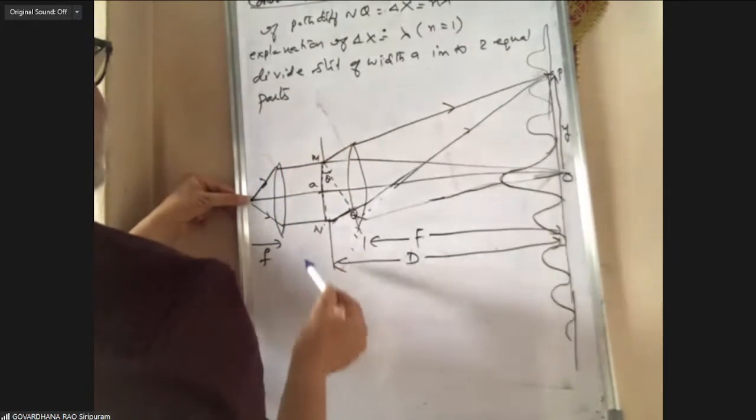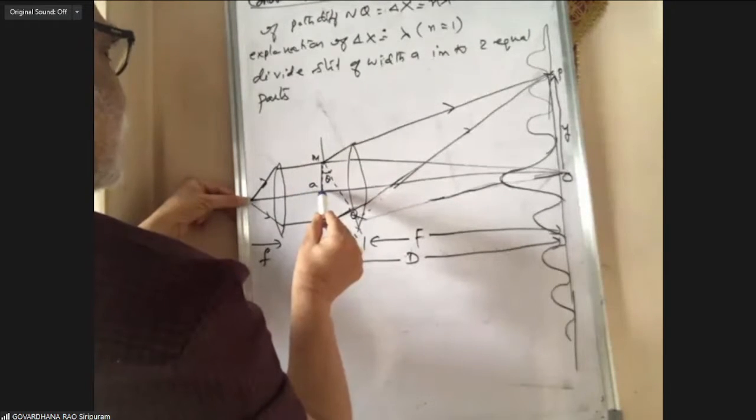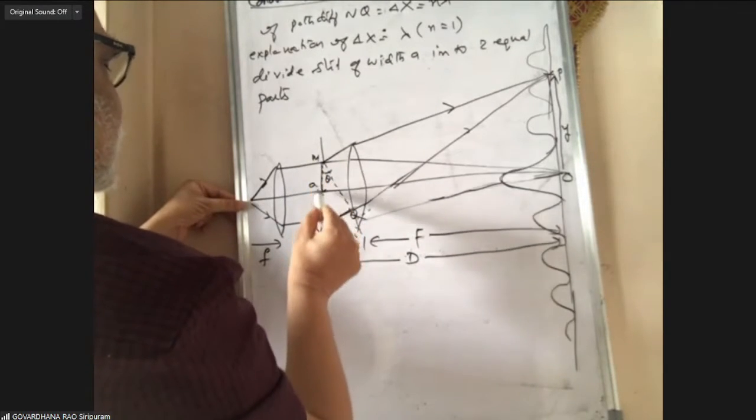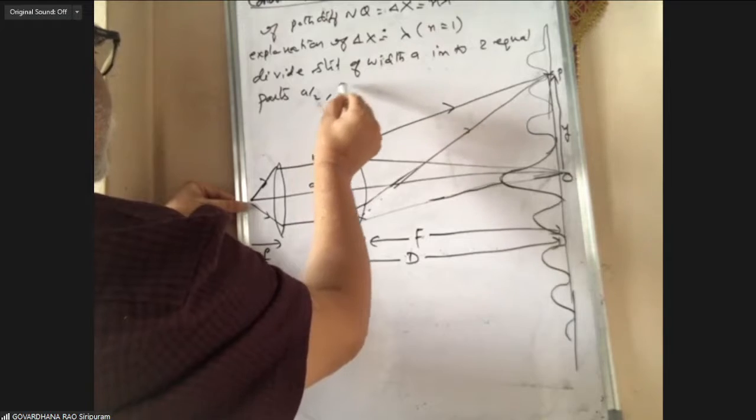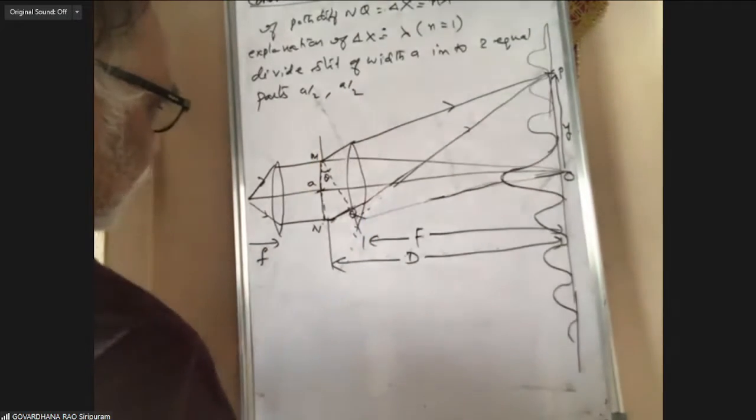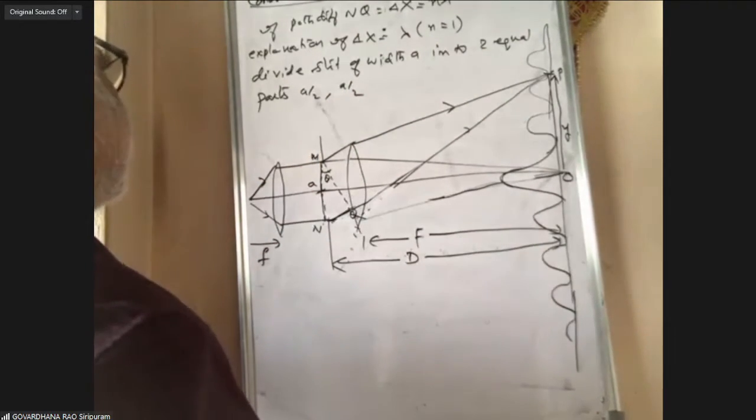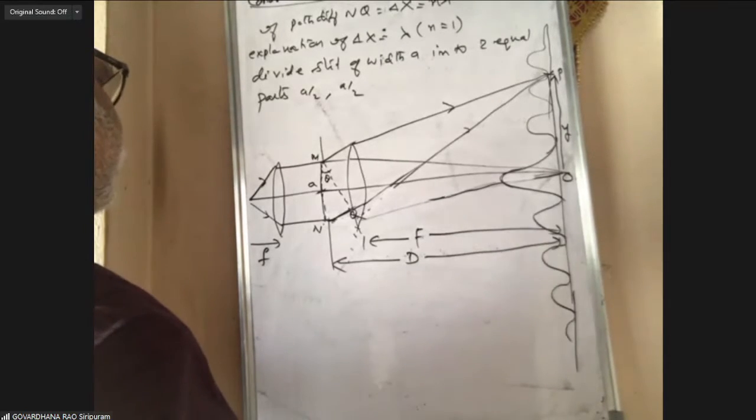Two equal parts. What are those two equal parts? Here, this is a by 2 and a by 2. This is a by 2, this is a by 2. Okay?